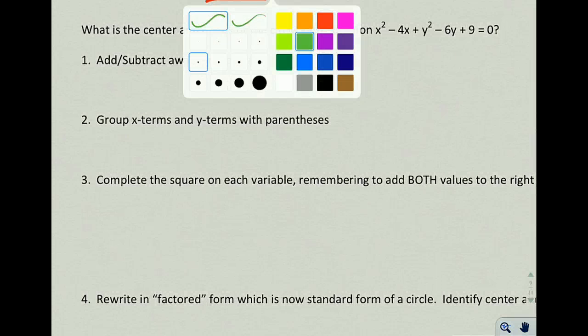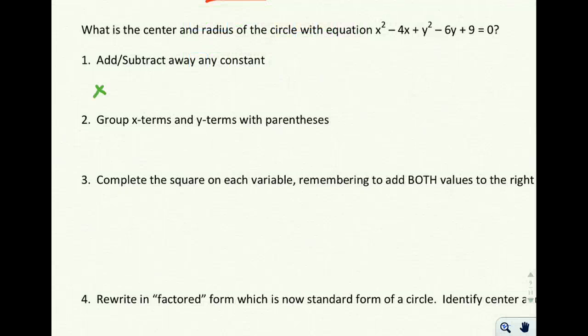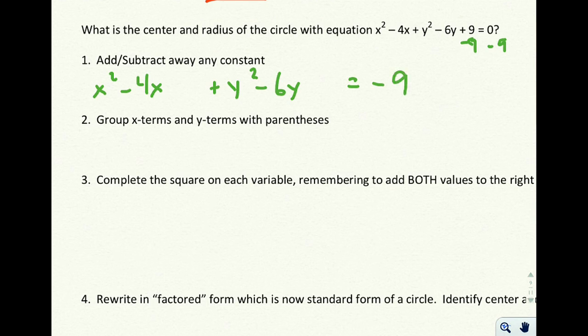So if we rewrite our original equation, we're going to have x squared minus 4x, and we're going to keep our x's together and leave a gap here, plus y squared minus 6y, leave a gap here, is equal to, we'll notice that we have that constant positive 9 on the left side, so we need to subtract 9 from both sides. And by subtracting 9, we end up equaling 0 minus 9 is negative 9.